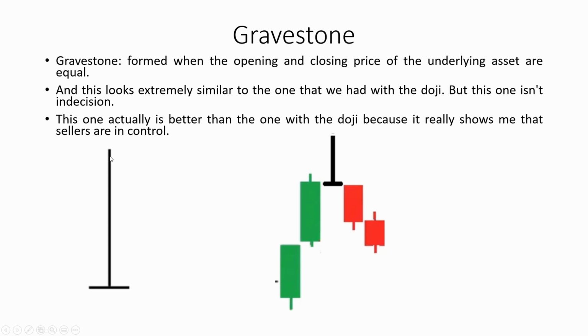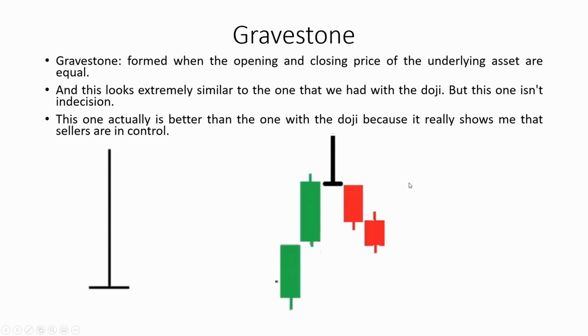So we have a big long wick, and this thing is closing at the same price. So I love the gravestone. I'm going to show you a couple of examples of which ones I like the most, but a gravestone on the top of a bullish mode means there's a lot of chance that this thing is going down.